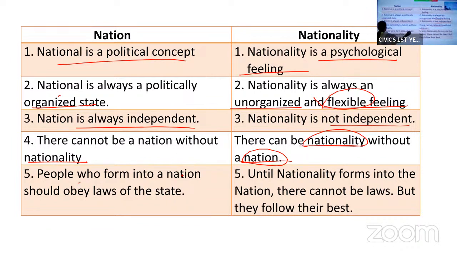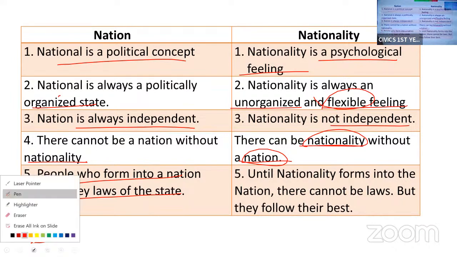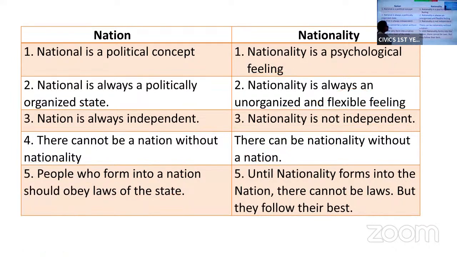People who form into a nation should obey the laws of the state. When you form into a nation, you have to obey the laws of the state. Until nationality forms into nation, there cannot be laws. We have discussed that nation preceded the state. Nation formed first, then state is formed.